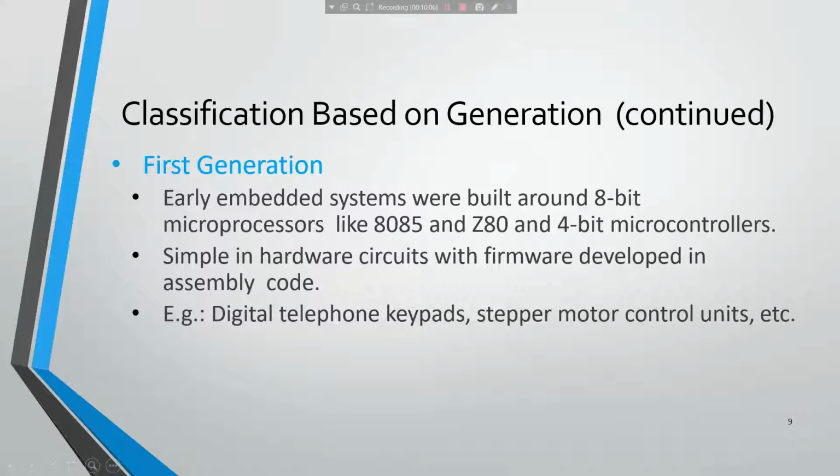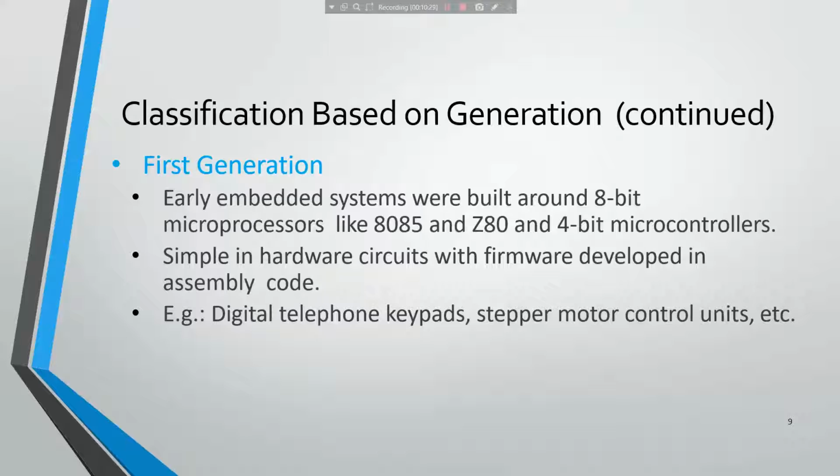If you observe here, the first generation early embedded systems were built around 8-bit microprocessors like 8085 and Z80, and 4-bit microcontrollers. These are called small embedded systems. The 8085 is a microprocessor, and the Z80 is similar, along with 4-bit microcontrollers.